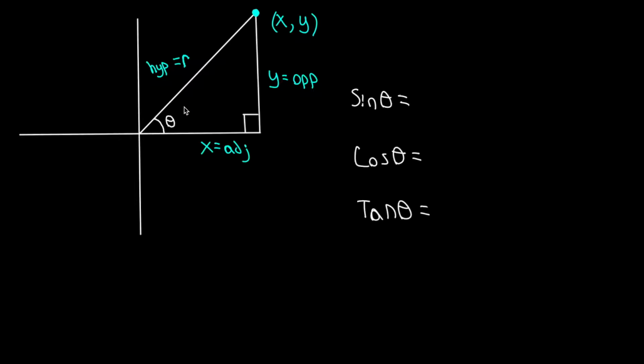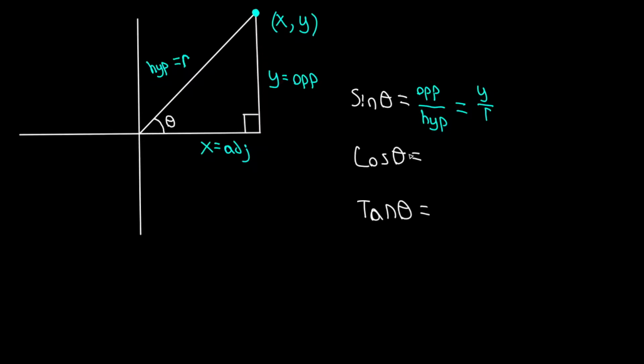Well, sine of theta is our opposite over our hypotenuse. Or it is our y over r, because y is our opposite and r is our hypotenuse.